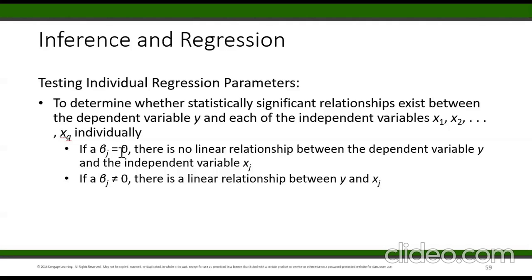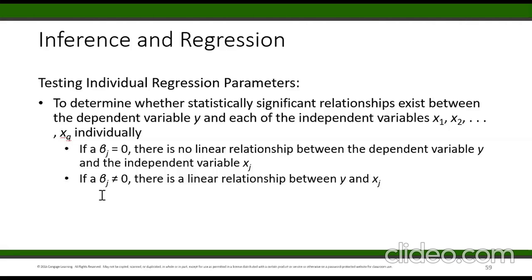The null is that the population parameter, the coefficient, is 0; the alternative is that it's not equal to 0. When we reject the null hypothesis and take the alternative, that means we have enough evidence to say that there is a significant linear relationship between y and xi, between the dependent variable and the corresponding independent variable.